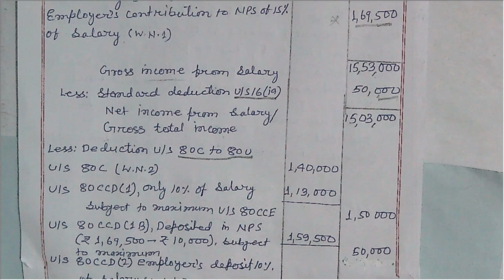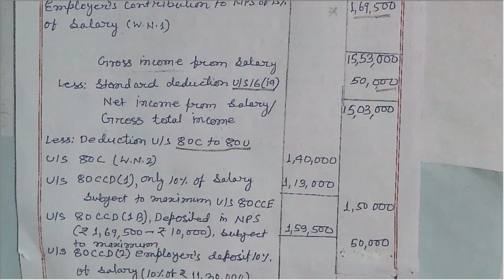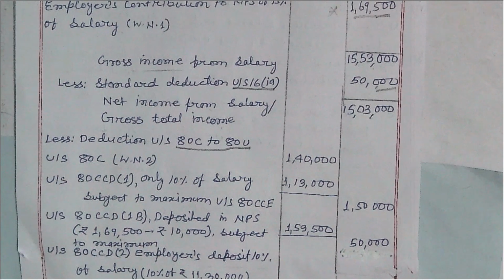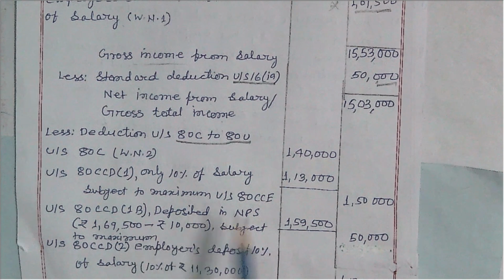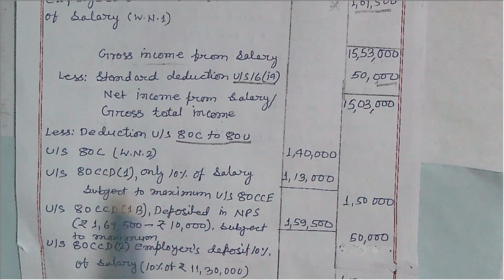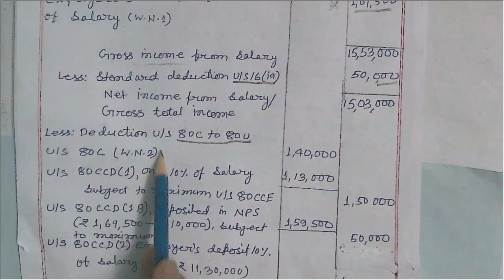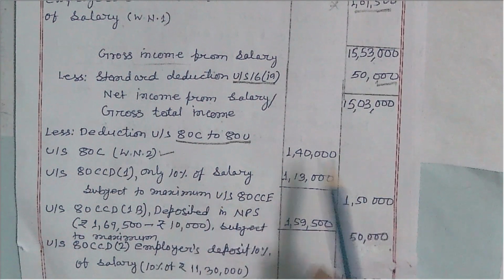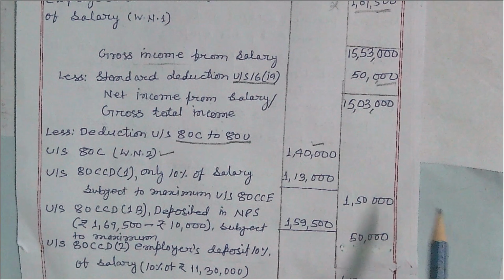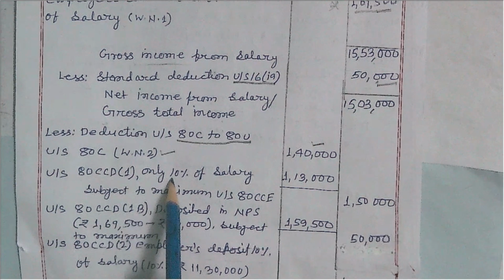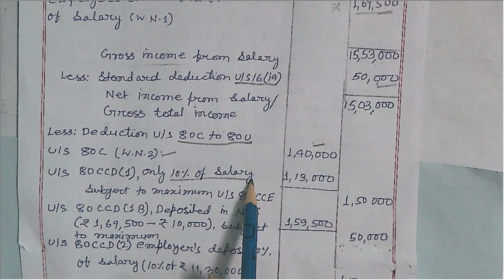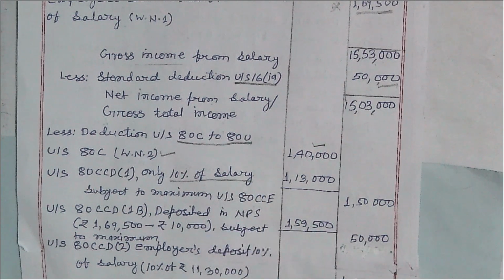It is given clearly under section 80C, the items under section 80CCC and under section 80CCD subsection 1. So let us first complete the employee's portion, that is Mr. Sharma's portion, the eligible amount for deduction. Under section 80C, working note number 2 is given, the total amount is 1,40,000, and the employee's contribution to NPS of 10% of salary is eligible for deduction since he is a private sector employee.